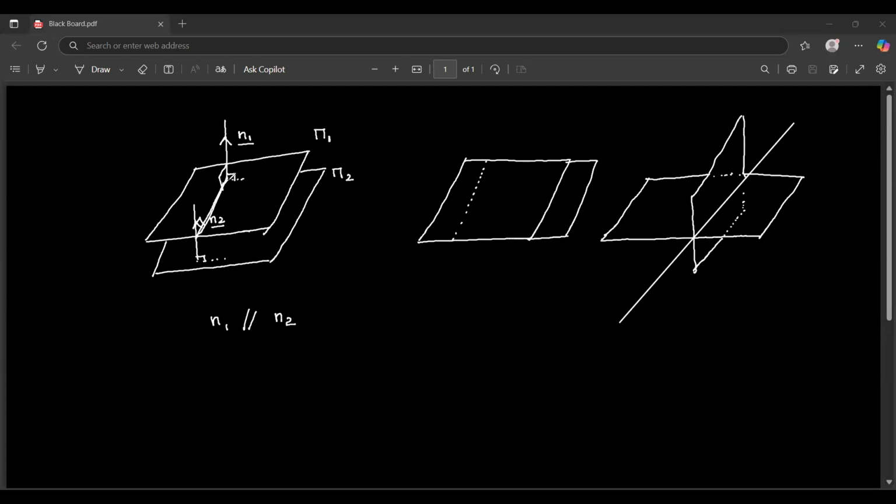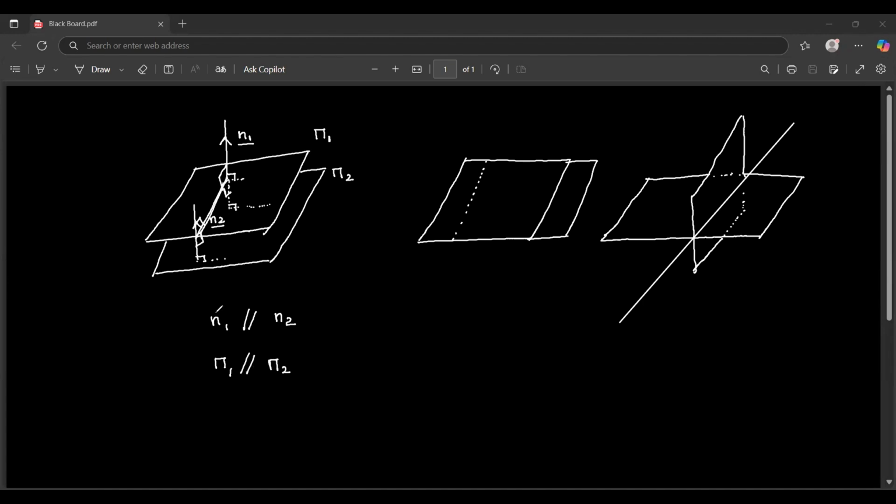Similarly, if you extend n2, you can clearly see phi 2 is also perpendicular to n1. So this means phi 1 and phi 2 are parallel to each other. Why? This angle is also 90 degrees. So you can definitely say phi 1 is parallel to phi 2.